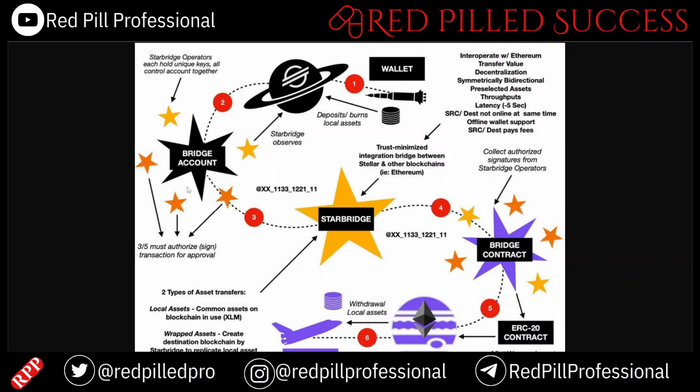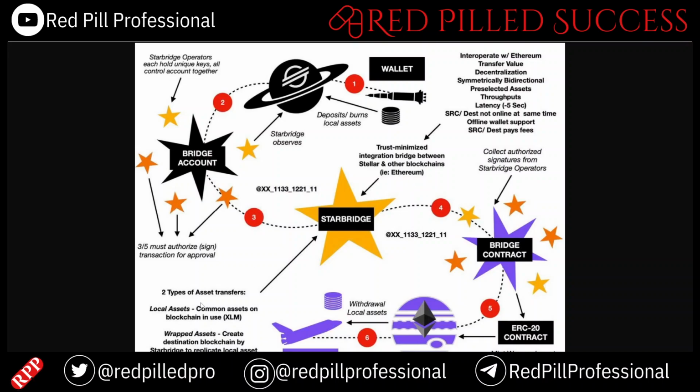And that is on the account side here and on the contract side here. And those would flow through the actual bridge application itself, which is a trust minimized integration bridge between XLM and other chains, i.e.